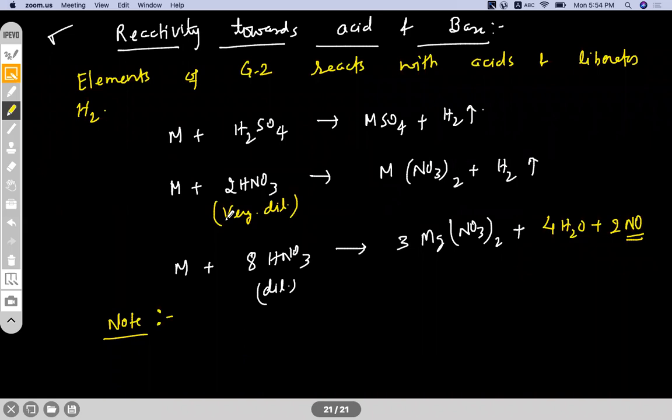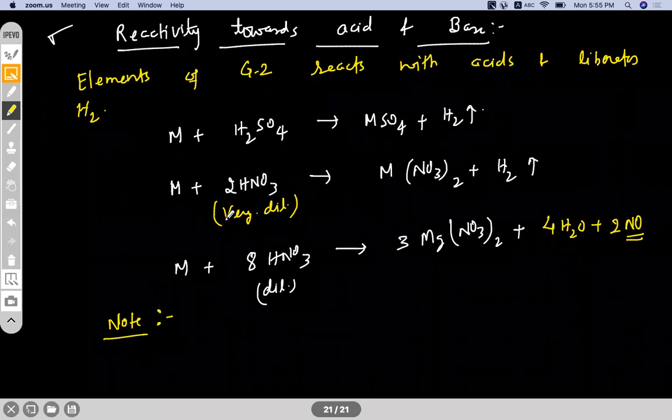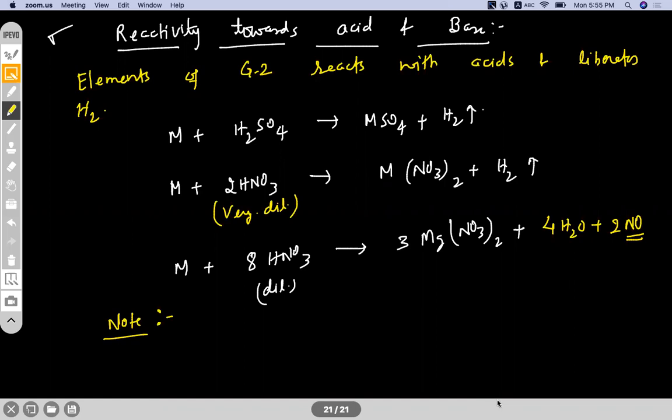What do you mean by amphoteric? Yes, you can say like that. Amphoteric means it reacts with both acid and base. So both types of characteristics it has, right? So beryllium is amphoteric in nature.